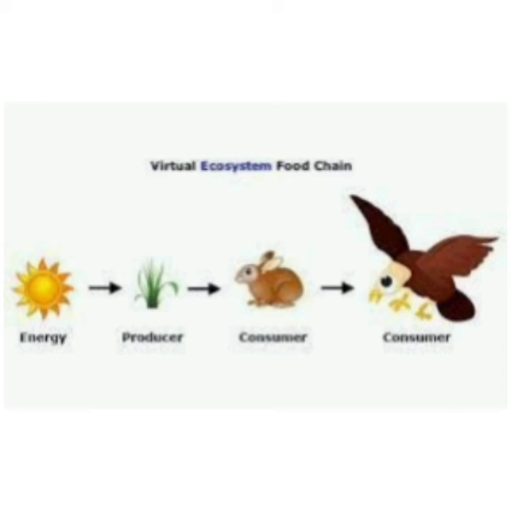Thus, a pattern of eating and being eaten exists in nature. This forms a chain and is called the food chain. There is a flow of energy in a food chain. This energy comes from the food that organisms eat.